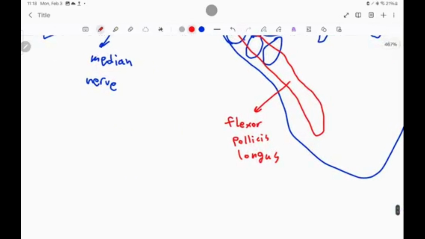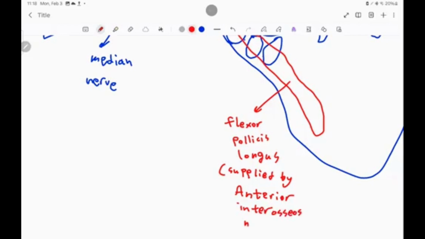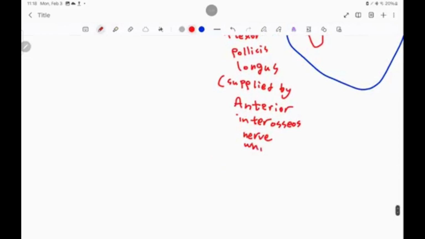This muscle is supplied by the anterior interosseous nerve, which is a branch of the median nerve.